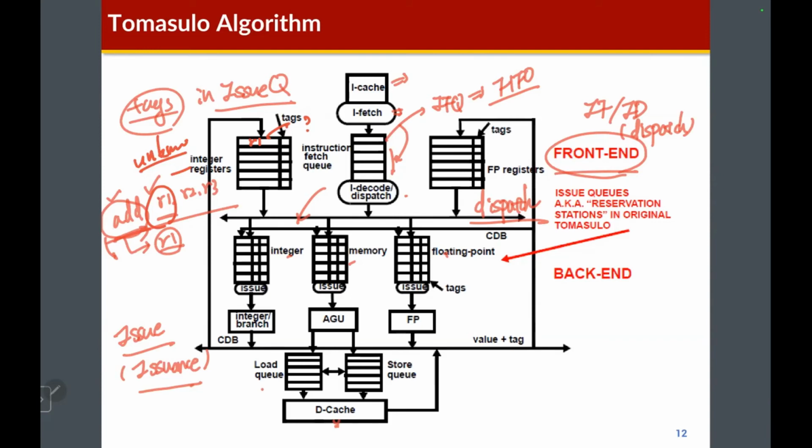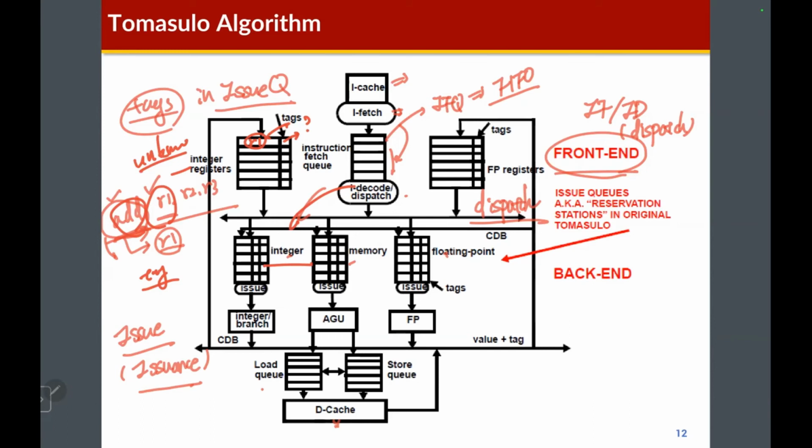So when the add is dispatched to the issue queue, there is a tag for each entry. This tag is written to R1, which indicates that the instruction is dispatched and on the way to the execution engine. But until this instruction is completed, we don't know the value of R1.